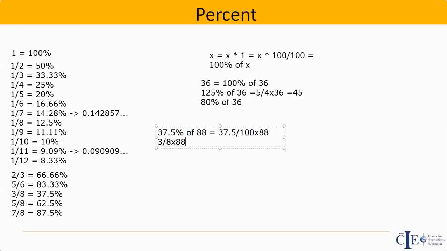That would be a lot easier because I see 88 getting cancelled by 8, 11 times, and 11 into 3 is 33. Just one short calculation and you're done. So it's simply 3 by 8 of 88, because the fractional equivalent of 37.5% is 3 by 8. That becomes so much handier to calculate.